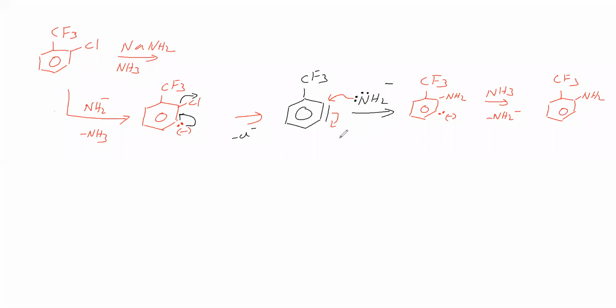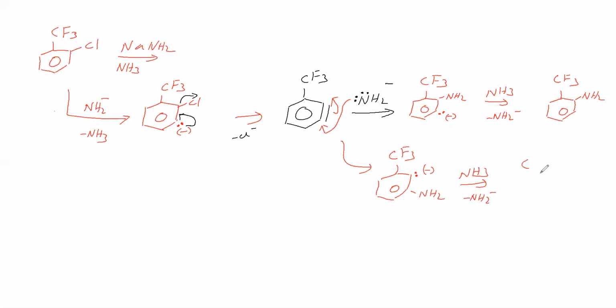Next, another possibility we will see. NH2 minus attacking this carbon, this pi bond shifting to this carbon. So here CF3, phenyl ring, at the meta position NH2, and at this position a negative sign. Then ammonia gives H plus to this and becomes NH2 minus.